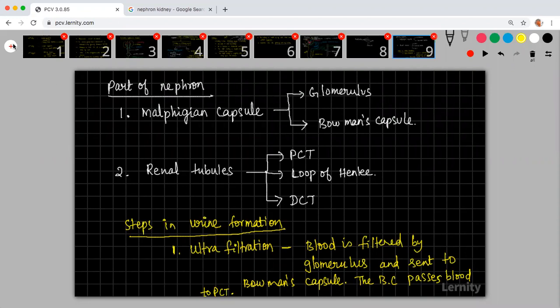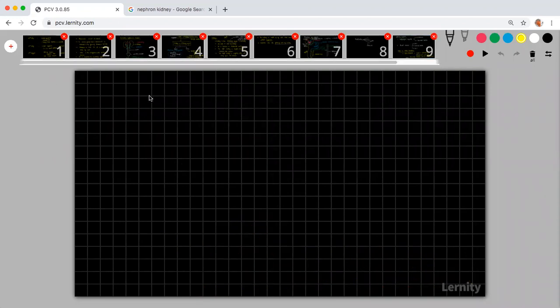Okay, the second step is what we call selective reabsorption. What is selective reabsorption? The filtrate, we call that the glomerular filtrate.